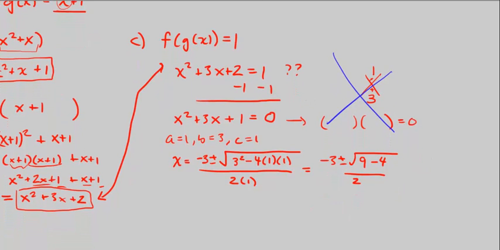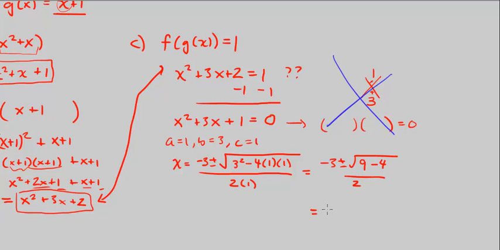Let's simplify that. 3 squared is 9 minus 4, over 2. We get that's equal to negative 3 plus or minus the square root of 5, divided by 2.